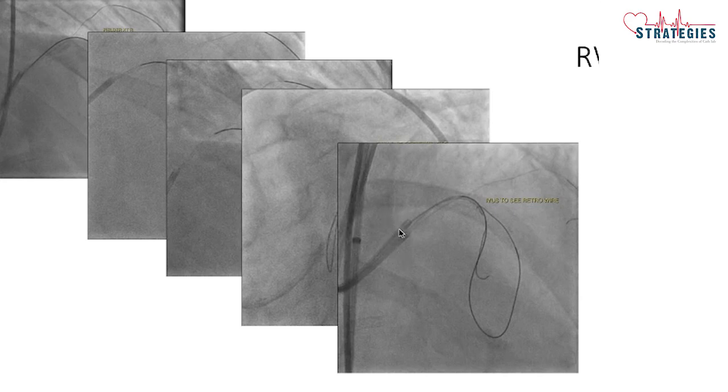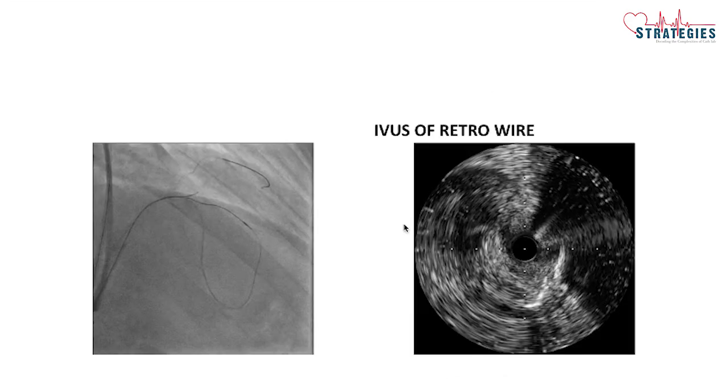One is just out of the ostium, the other is in the ostium. So through the second catheter I advanced the IVUS, and through the first catheter this Caravel and retrograde wire was going. So I did an IVUS.